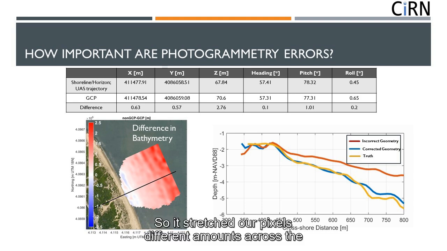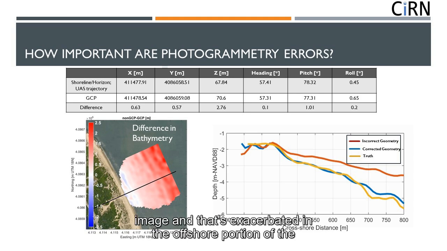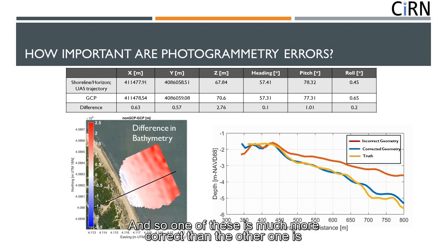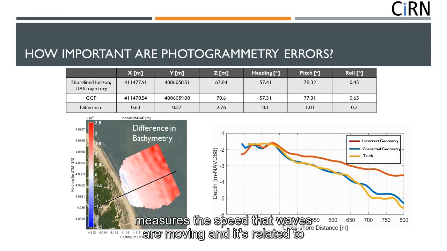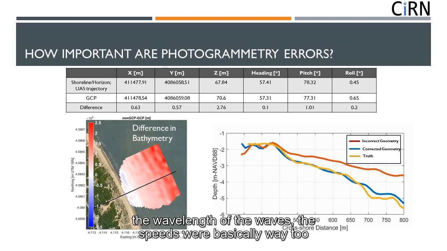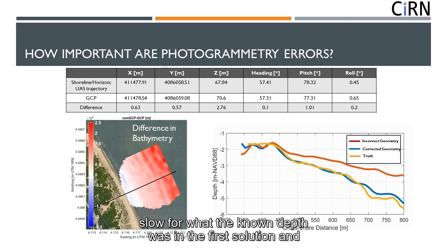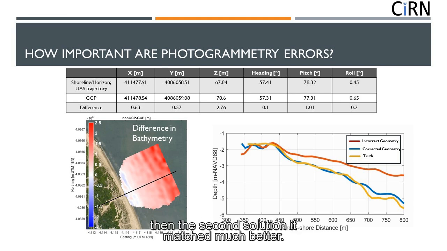So it stretched our pixels different amounts across the image, and that's exacerbated in the offshore portion of the image. And so one of these is much more correct than the other one. And we know that because when we use CBATHY, which measures the speed that waves are moving and it's related to the wavelength of the waves, the speeds were basically way too slow for what the known depth was in the first solution. And in the second solution, it matched much better.